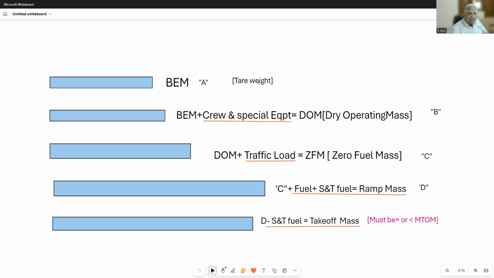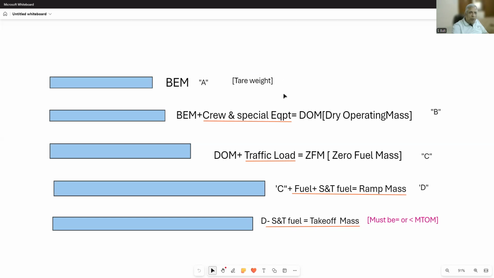Some aircraft carry special equipment with them, which is not available at the other end, and that is called tail weight. Practically, this is your starting point, and you would know it from your aircraft manual.